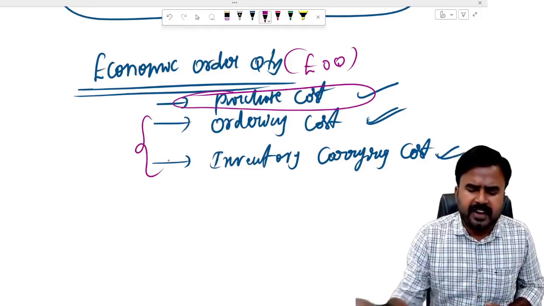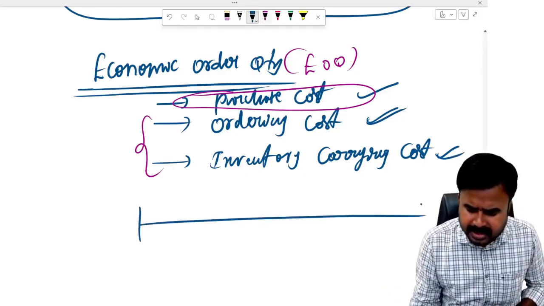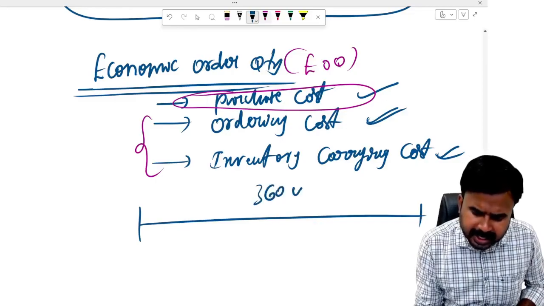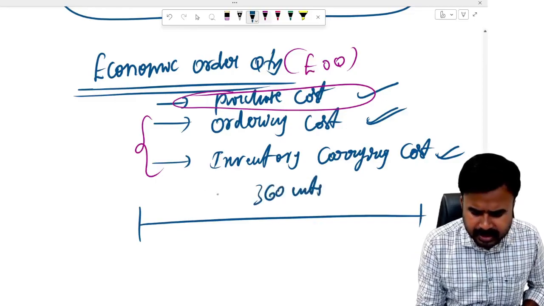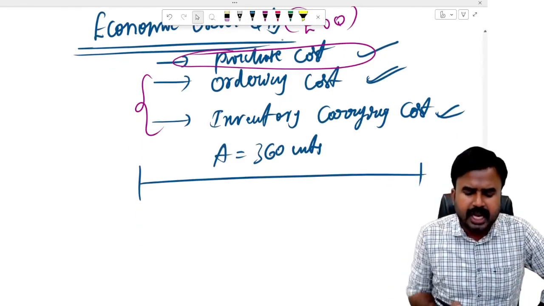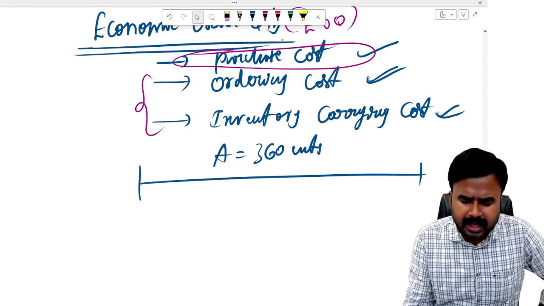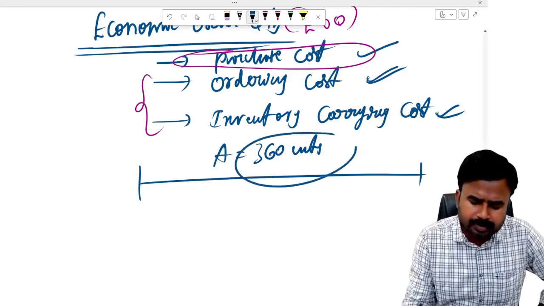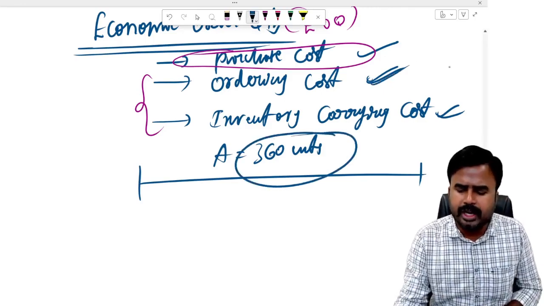See, if I need 360 units of raw material in the next year, which is known as A, the annual raw material requirement for the next year, then I should fix the ordering quantity. I can buy the entire quantity in one order so that my ordering cost will be reduced.